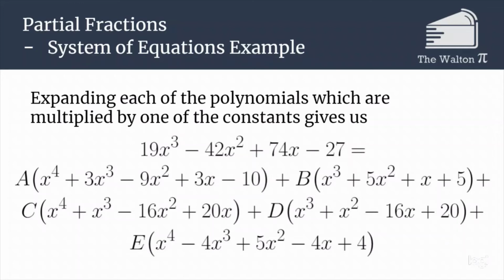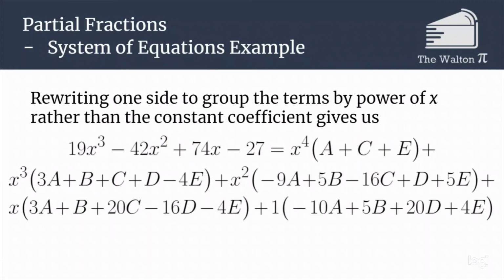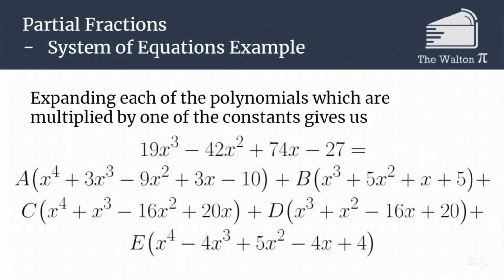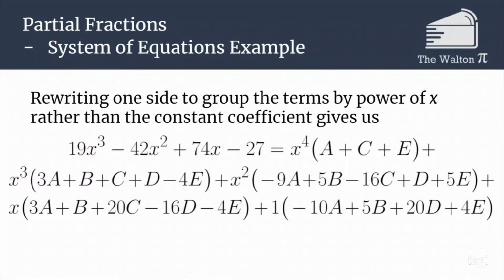Once we've done that, we are now going to clump the terms together according to the power of x. So we are going to have x to the 4th times (A plus C plus E), because in our A term we had an x to the 4th, but then we did not in our B, but we did in C and we did in E. That's why we are getting x to the 4th times (A plus C plus E).